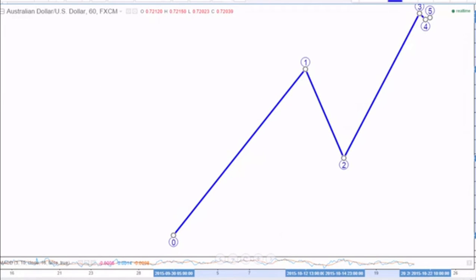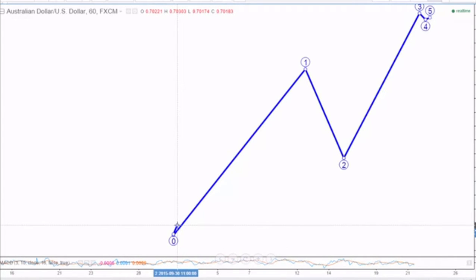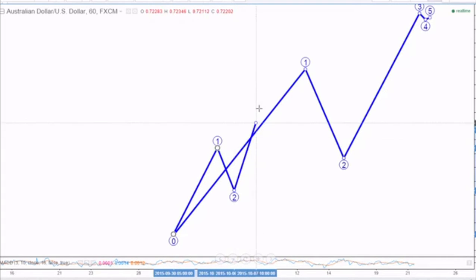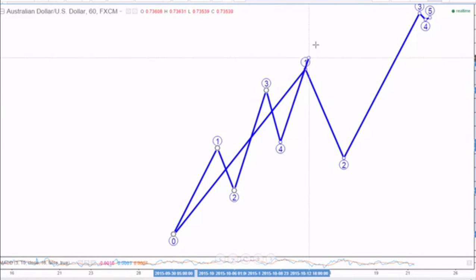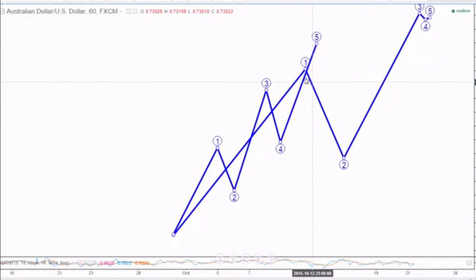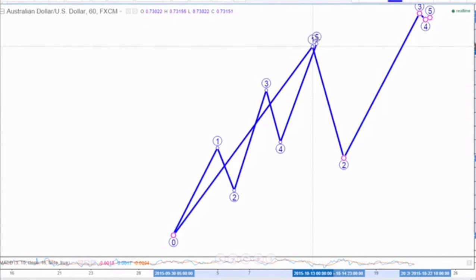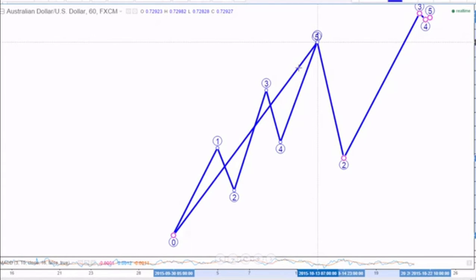Within the primary trend, we have to understand that the market has what's called intermediate trends. So the intermediate trend would be this. The market would rally, pull back, rally again, pull back, and rally again. So let me just organize everything so it looks better, and I'll change the colors.